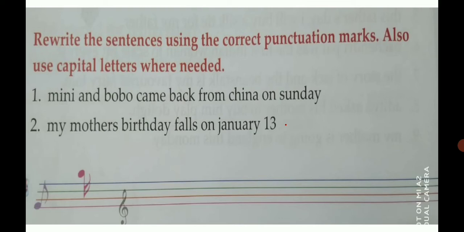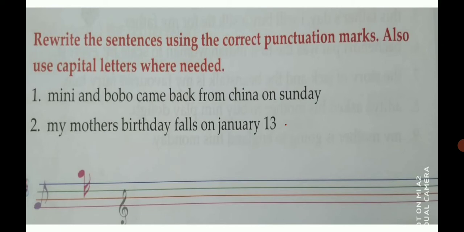Let's start. Minnie and Bobo came back from China on Sunday. Here Minnie and Bobo both are proper nouns, names of persons, so they will be in capital letters. China is the name of a country, so C is a capital letter, and Sunday is the name of a day, so it will start with a capital letter, right?